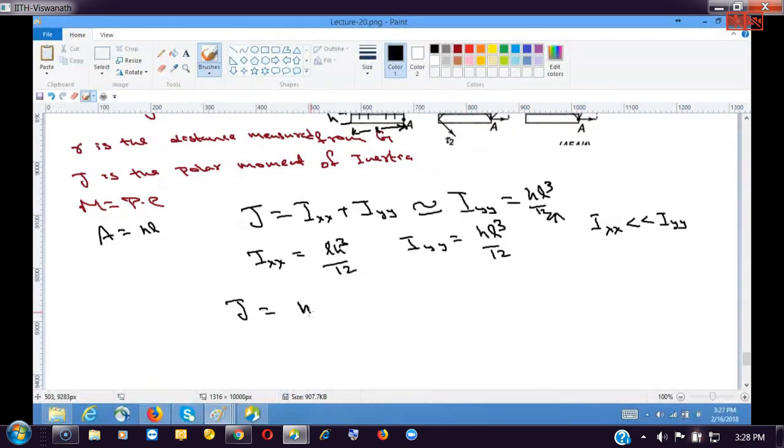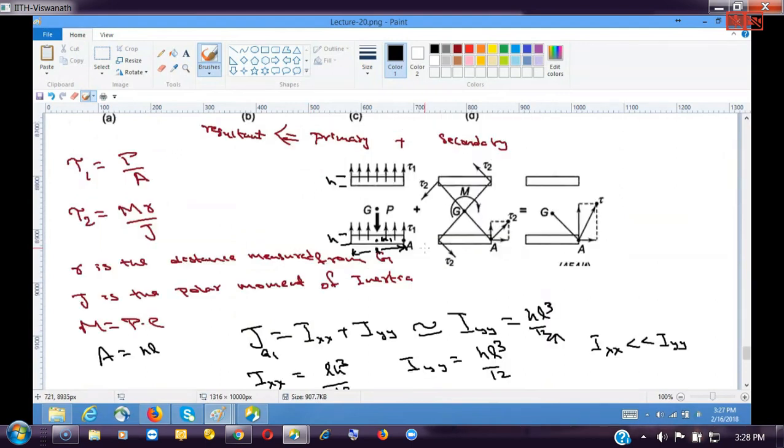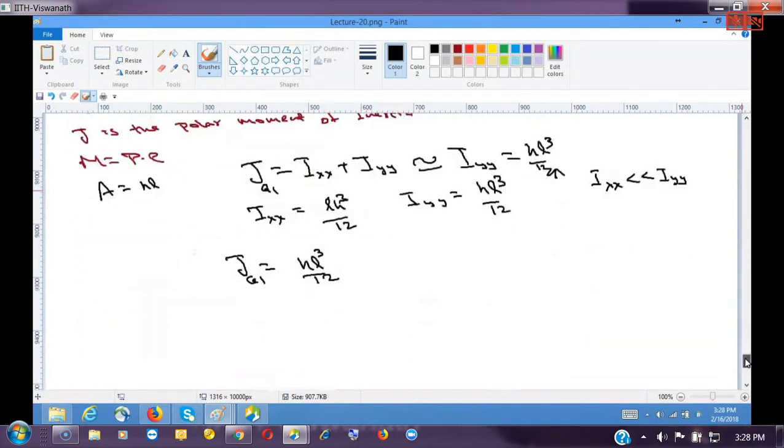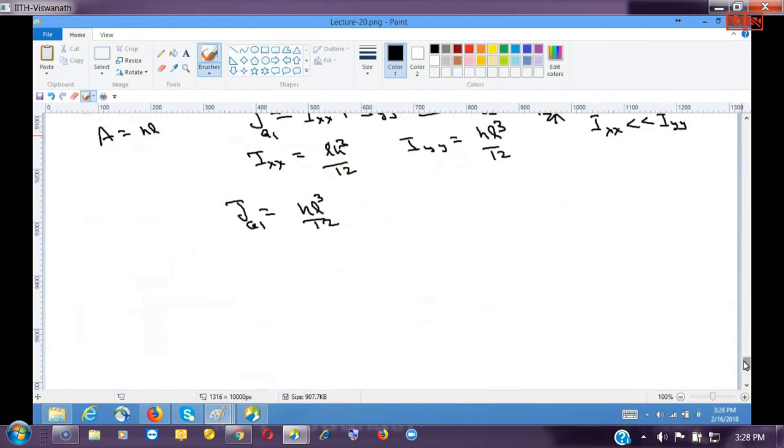We want it about the entire assembly's center of gravity, this G. So for that you need to use the parallel axis theorem. The total J about G is JG1 plus A R square.